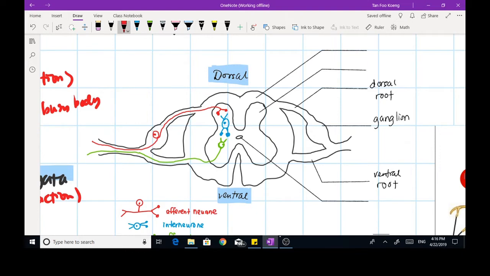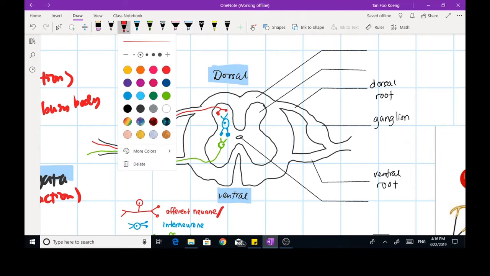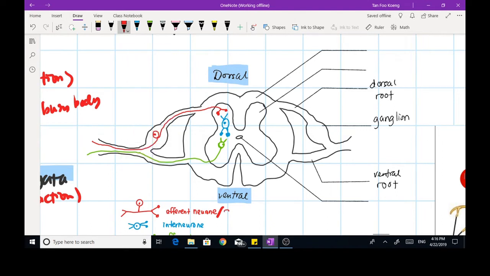Afferent neuron is also known as the sensory neuron, because sensory neuron transmits the impulses from the receptor to the spinal cord. Alright, now so let's recall, ganglion is a swollen part on the dorsal root because it houses the cell body of the afferent neuron, also known as sensory neuron.